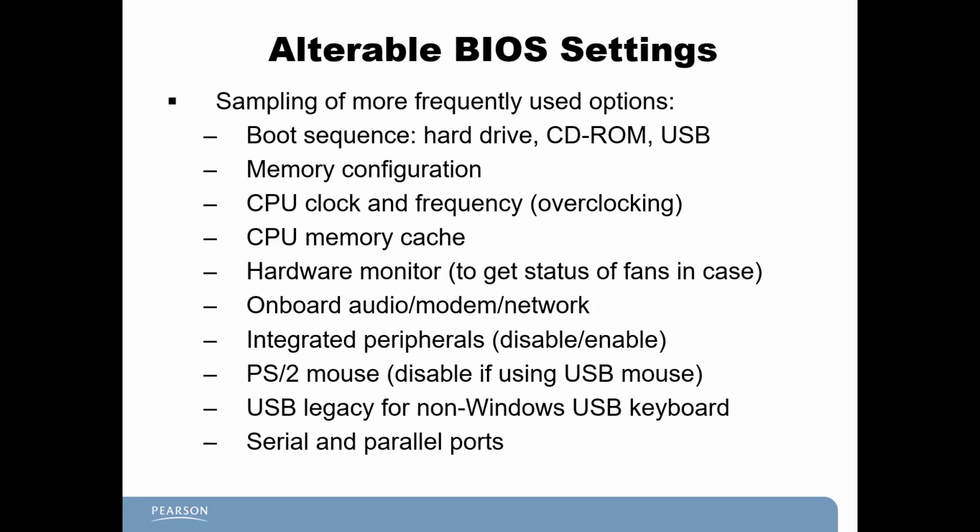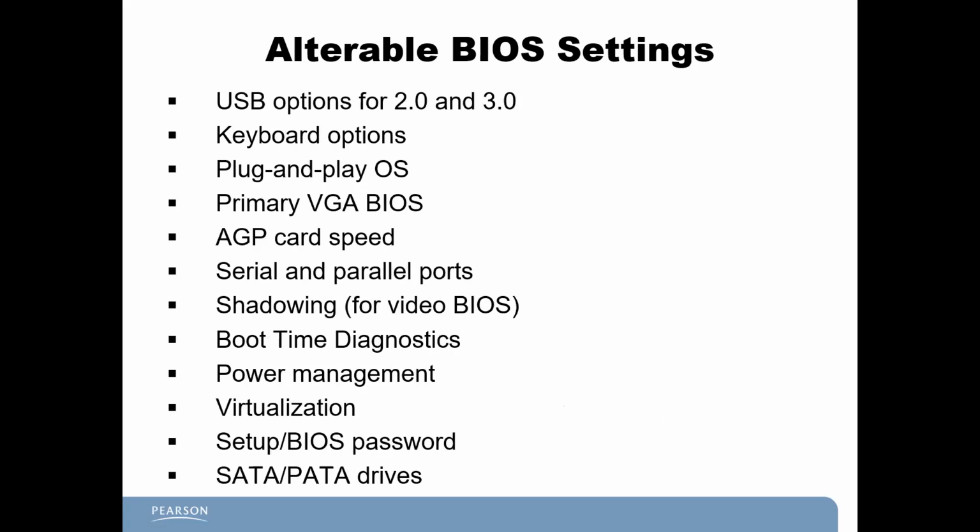CPU memory cache, hardware monitor, that is to get the status of fans, onboard audio or modem or network configurations. You can also alter integrated peripherals: the PS2 mouse disable if you're using a USB mouse, USB legacy for non-Windows USB keyboard, parallel or serial ports.